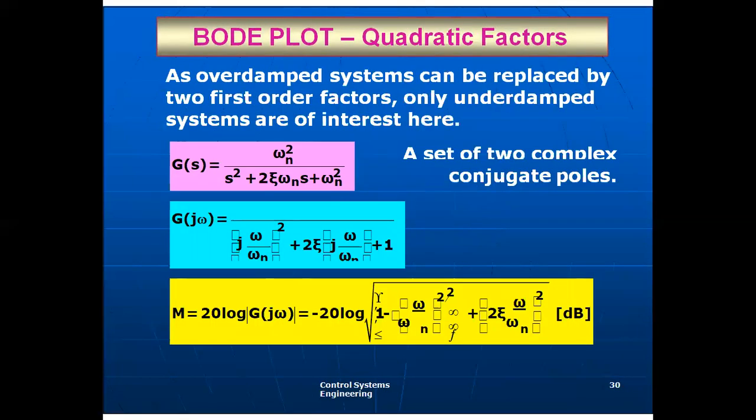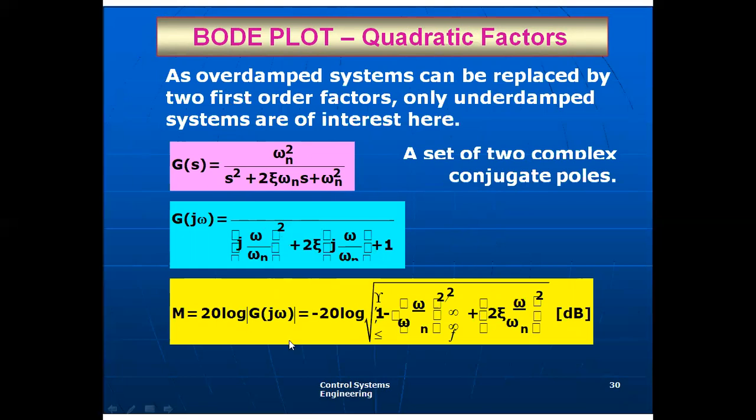Okay, so this is the plot for a second order equation. We have already derived this expression G of j omega, splitting it into real and imaginary parts, converting it into a complex number in the complex domain.